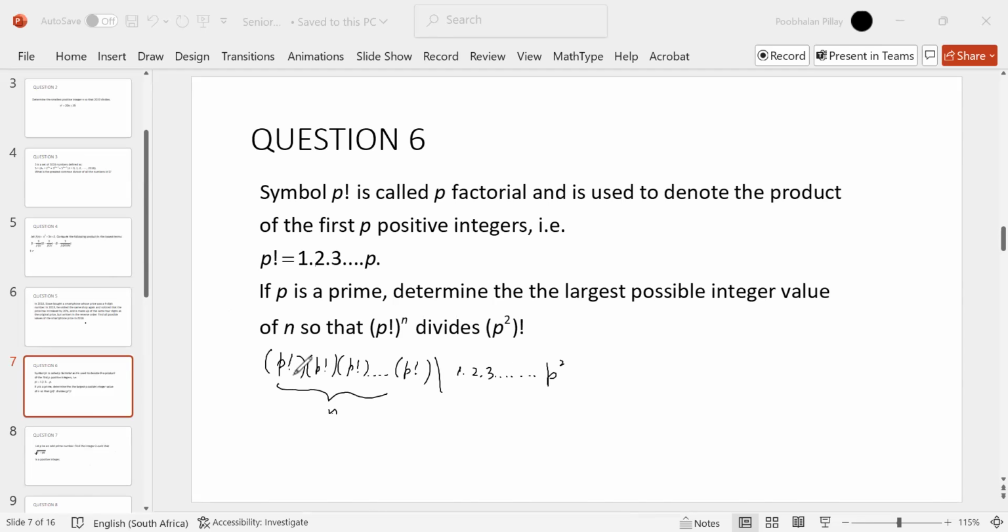Now, you can see P factorial is 1 times 2 times 3 up to P. There are P factors here, and here you've got P factors, P factors.